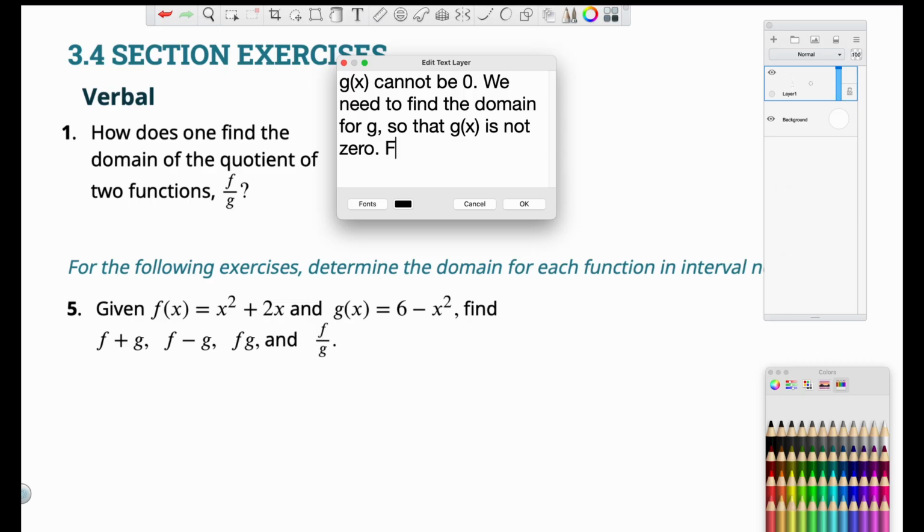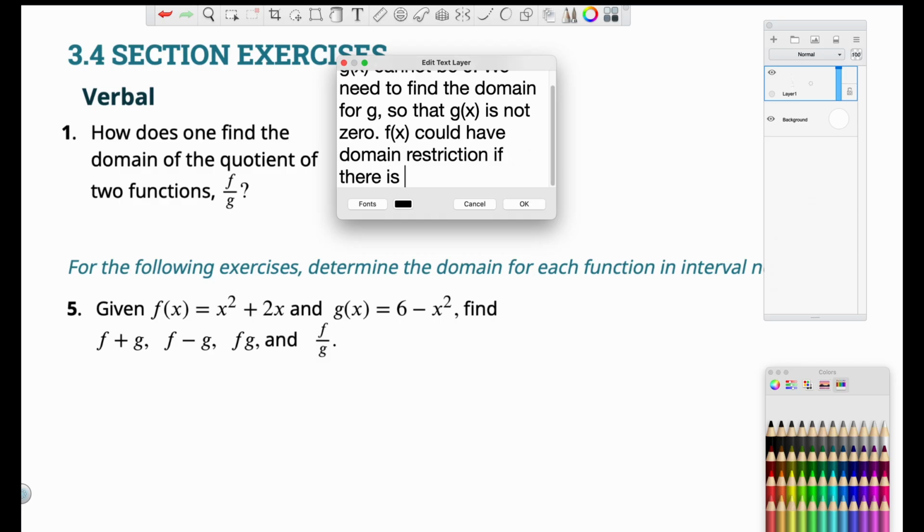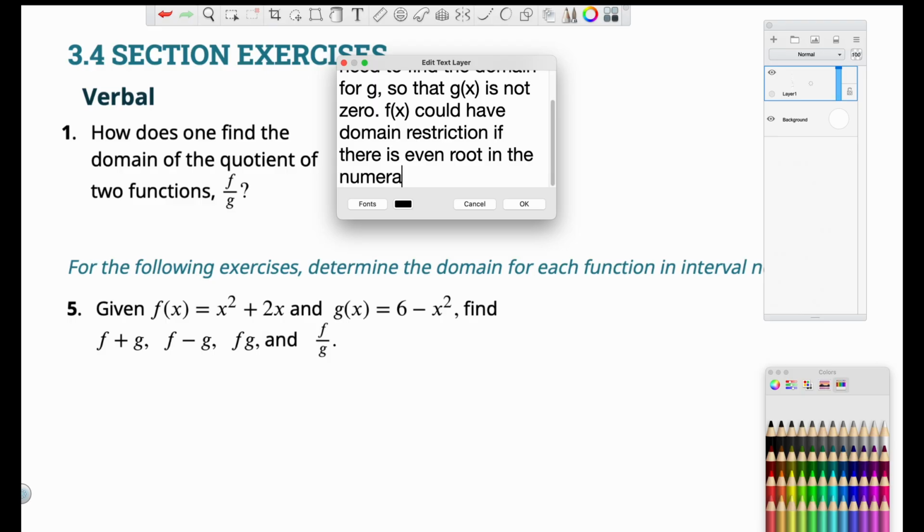Now f of x, the function in the numerator here, we're not going to be dividing by 0 with f of x. Well, I guess it's possible that there's a divide by 0. But what we're mainly looking at in f of x is that it could have a domain restriction if there is a square root, or an even root, in the numerator.